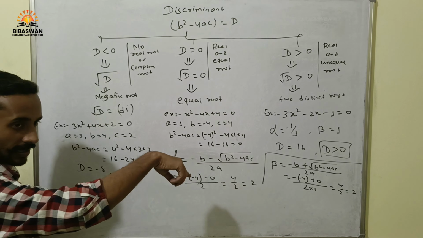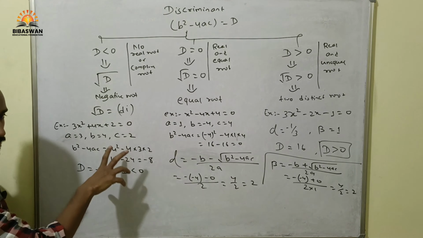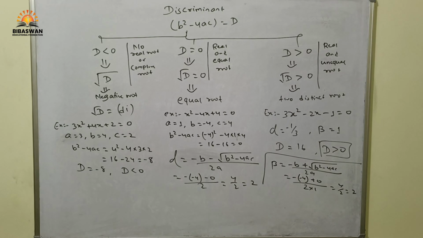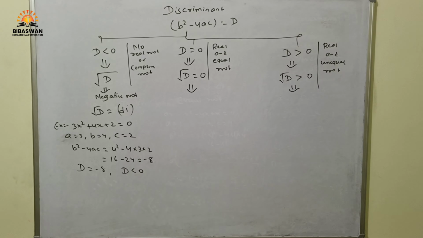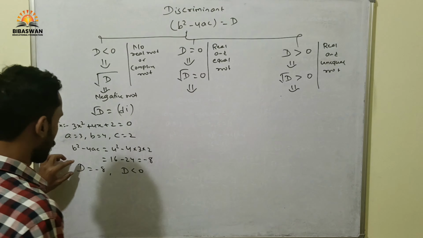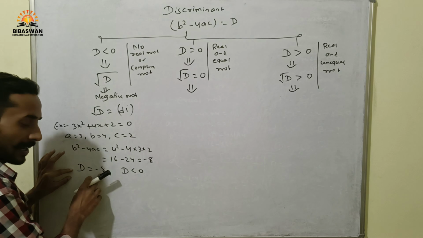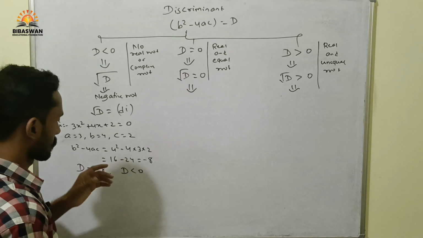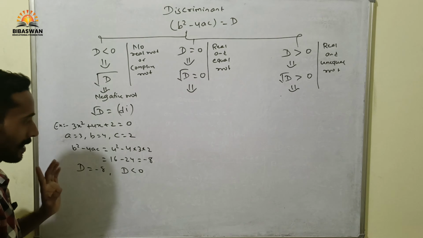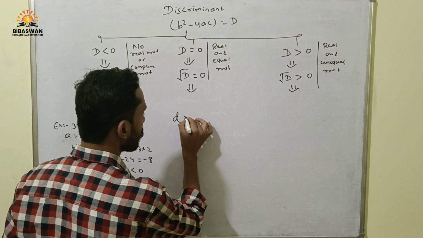First write it down and then I will explain because there is less space there. Now look here. The value of D is minus 8. What is the value of alpha?